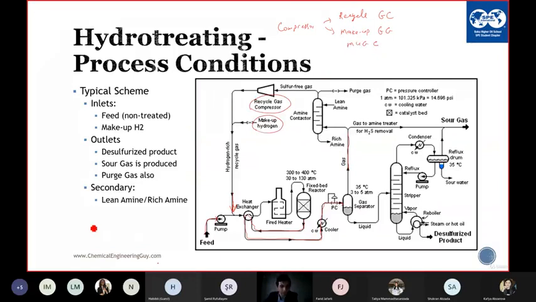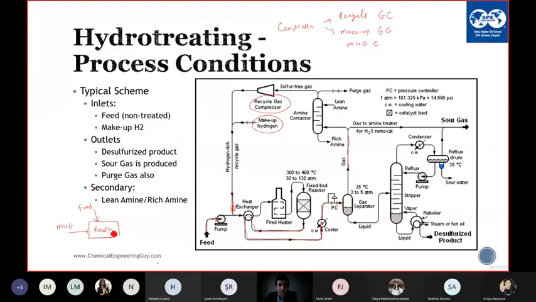So if we have a block flow, we have the makeup gas, we have feed, and we have the reaction here.